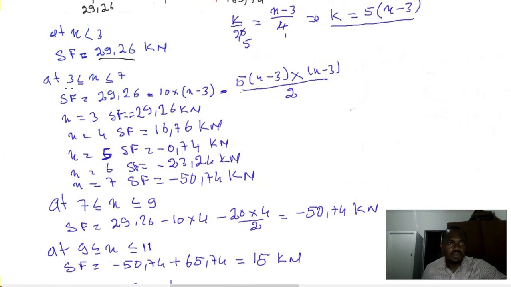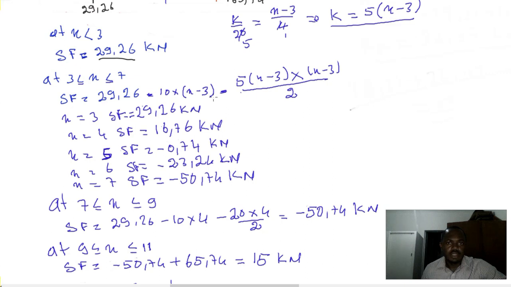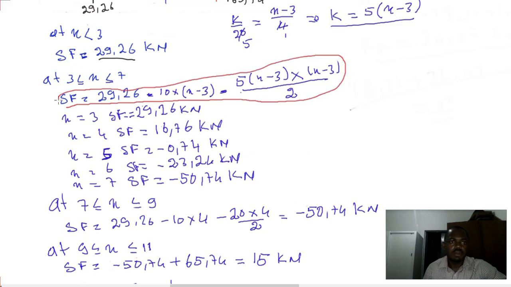Now for a point where x is greater than or equal to 3 and less than 7, here is our equation. There's an unknown x in this equation, so we just replace x with some value from 3 to 7 to get the shear force at each point.